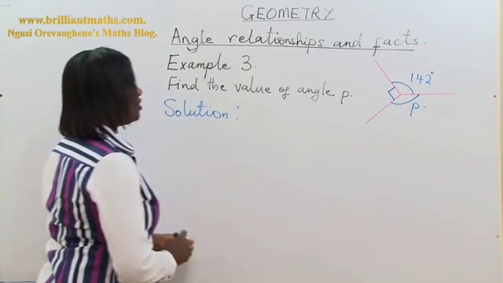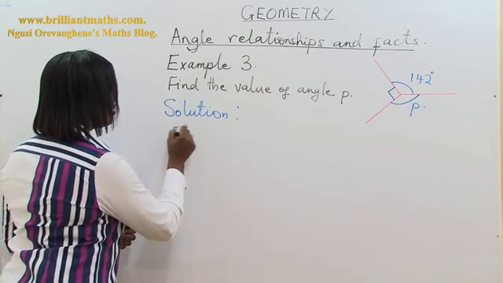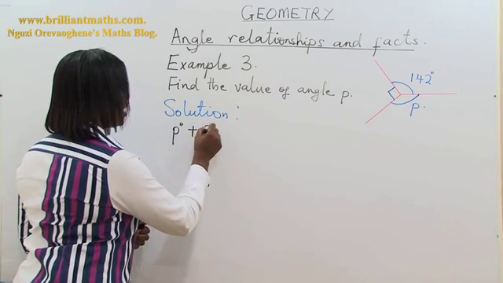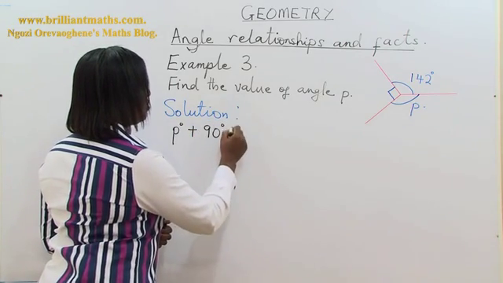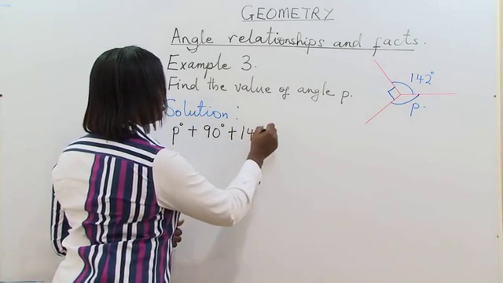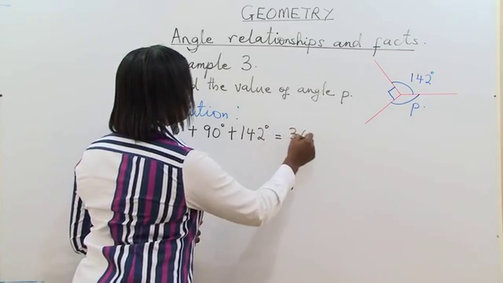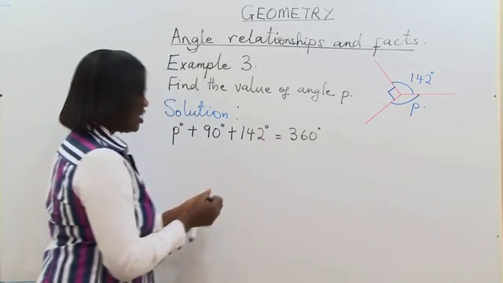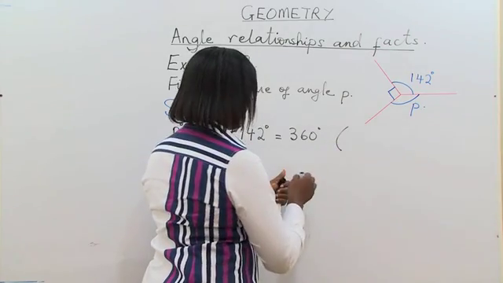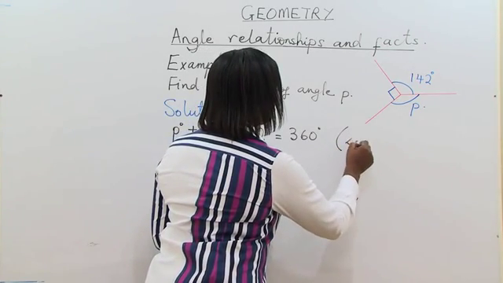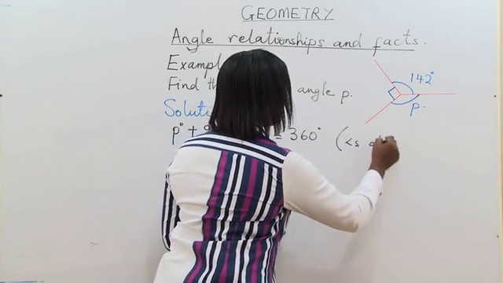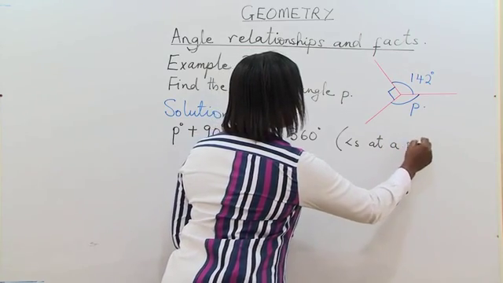So we have P plus 90 degrees plus 142 degrees is equal to 360 degrees. The reason is angles at a point.